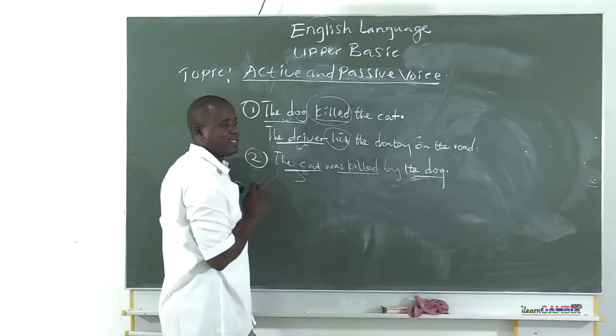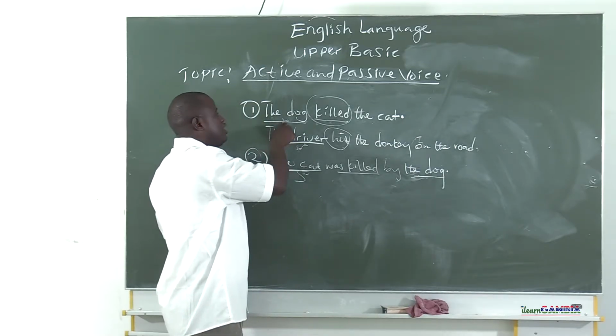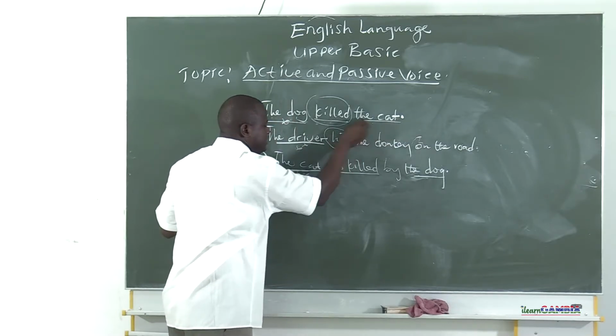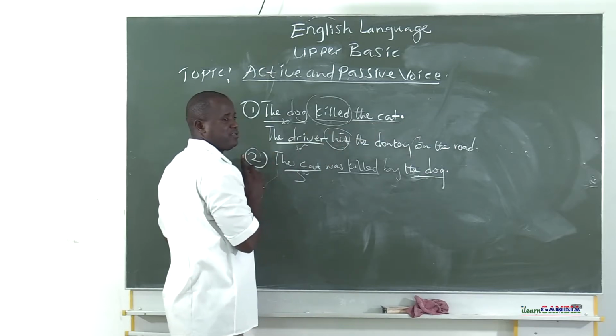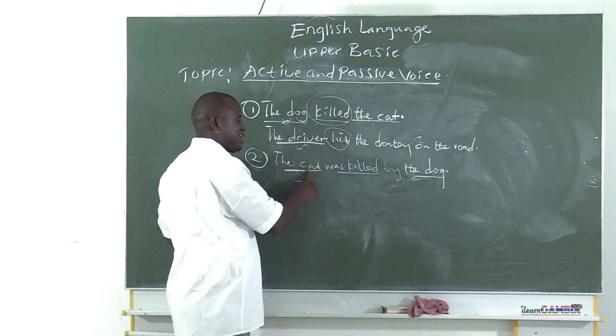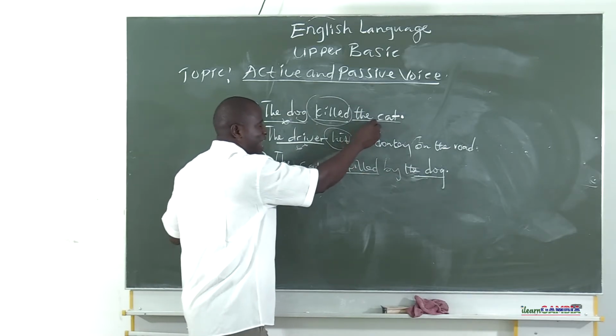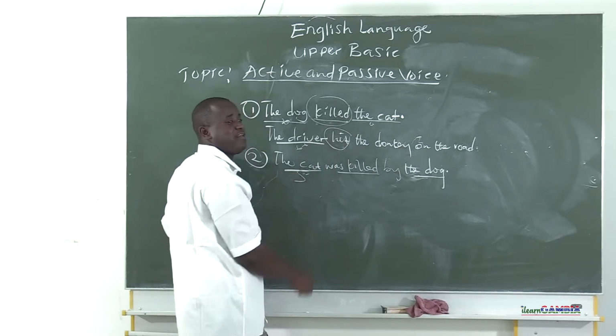It's the dog here. But if you look at it in active voice, the subject does it, and the object here receives it. We said the dog killed the cat, and the cat was killed by the dog. Here, object receives the action, and here, subject receives the action.